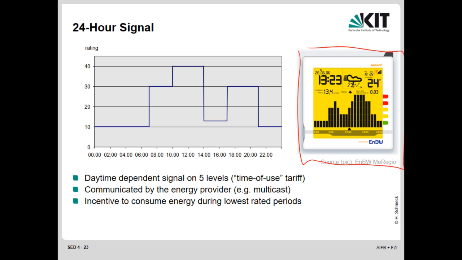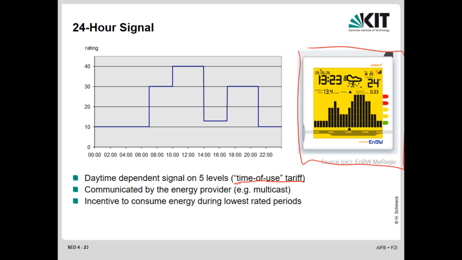Different prices at different times of the day, quite often called a time of use tariff, because you know beforehand, 12 hours before or 24 hours before, you know the price levels for the next day, and then you can plan to use your devices depending on the prices, and the prices are adjusted depending on the day ahead market prices that had come out from the daily auctions.